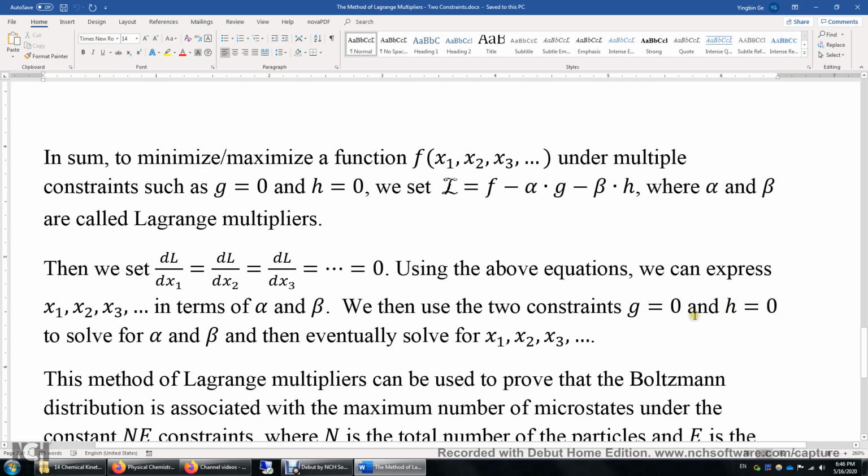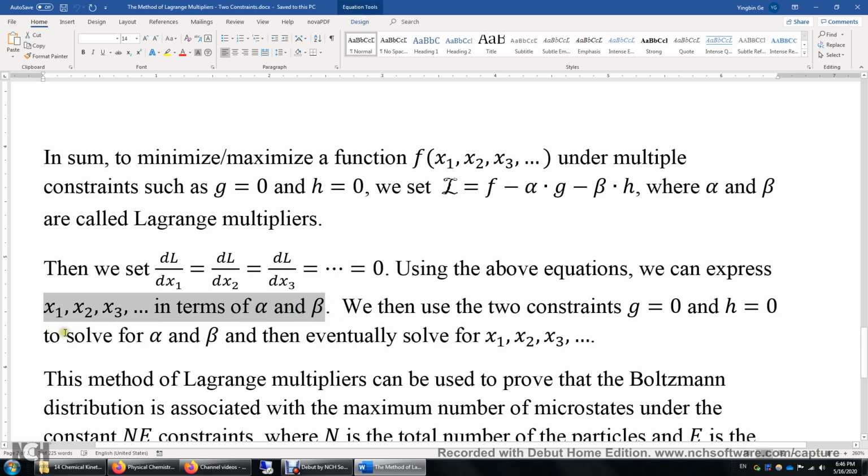And then what do we have? We have two constraints, two equations. And now these two equations contain only two variables: one is alpha, one is beta. If you have two equations that contain two variables, on paper, we can solve these two equations. We can get the values of alpha and beta. And then we plug the values of alpha and beta in here.